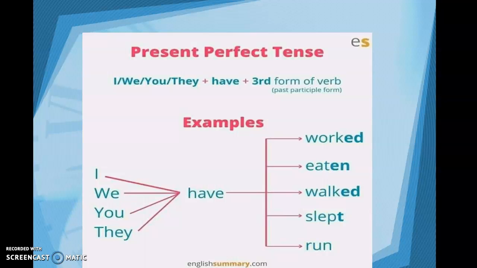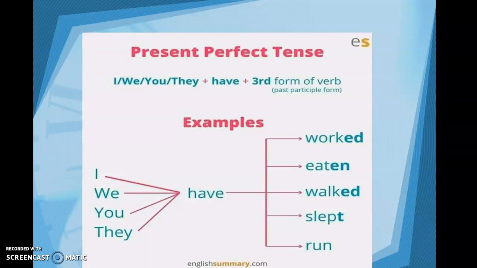Okay, dear students. We use have for the first person, second person, and third person plural. I, we, you, they. For all these persons, we try to use have form and third verb.